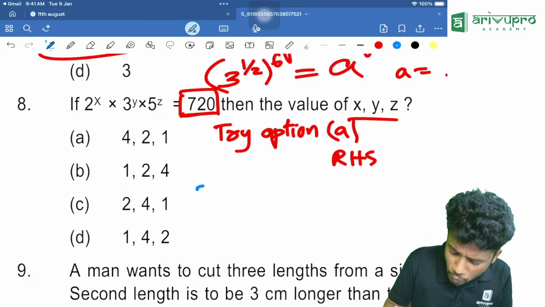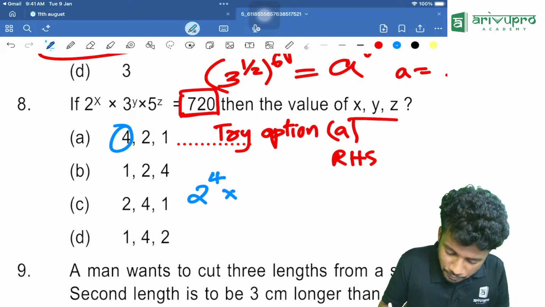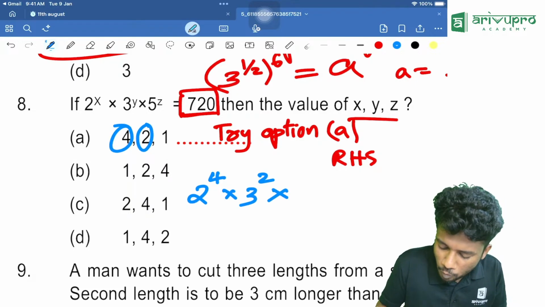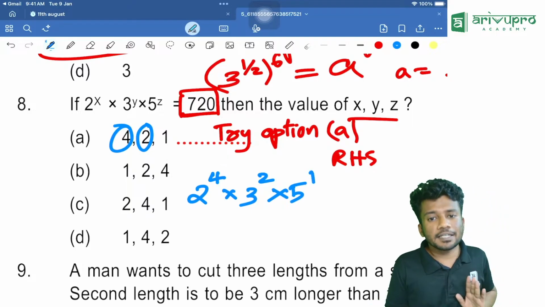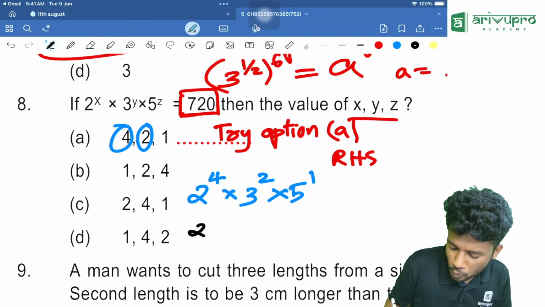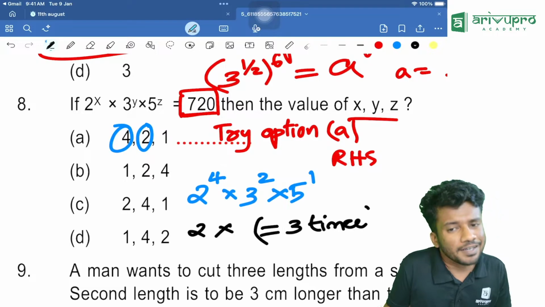Now, here, 2 raised to, instead of x, what are you going to put? 4 into, then 3 raised to, instead of y, what are you going to put? 2 into 5 raised to 1. Take your calculator, people. How to do this? 2 into, equal to how many times? 3 times you will click equal to.